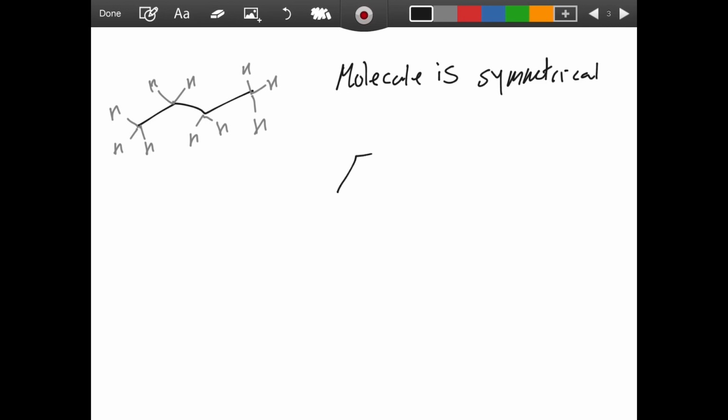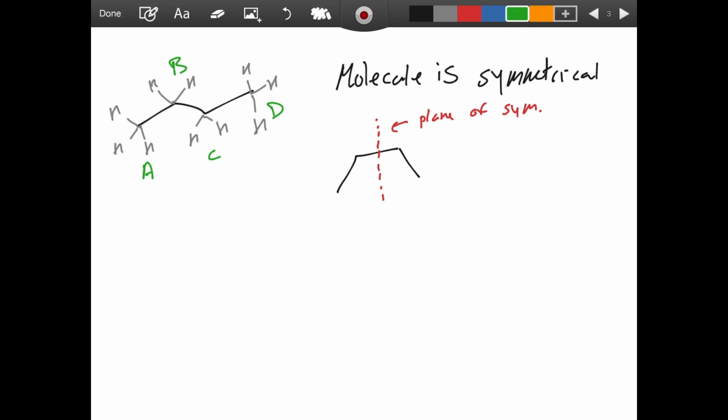So, if you draw the molecule like this, you can see there's a plane of symmetry. So in the NMR's eyes, right, the NMR doesn't see all of these protons, let's call them A, B, C, and D, because the molecule is symmetric.